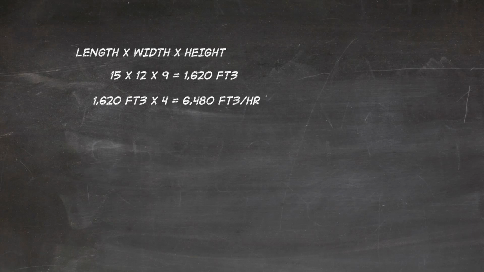But here's the thing. Most HVAC systems and ventilation equipment measure airflow in CFM, or cubic feet per minute, not per hour. So now we need to convert that hourly figure into minutes. Since there are 60 minutes in an hour, you divide the total air volume per hour by 60.